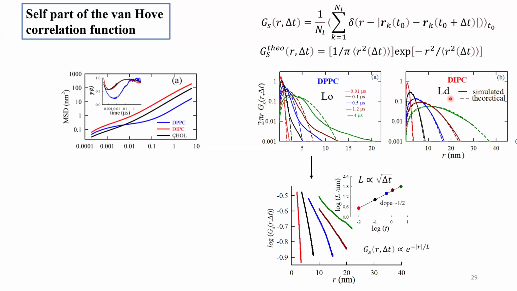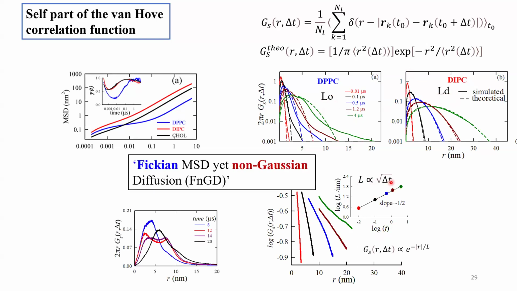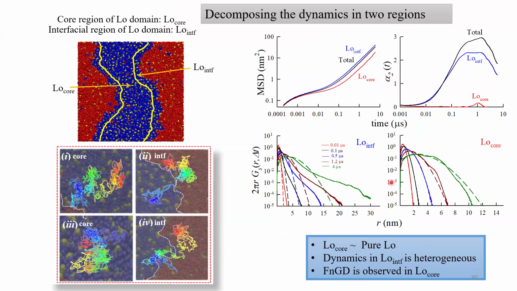And you can see here that this Van Hove correlation is basically exponential at long time. It should be Gaussian, but it is basically exponential. And this correlation length is basically proportional to delta t. Now, the question is, how will you explain it? There are already known explanations for this Fickian mean square displacement yet non-Gaussian diffusion. One is the diffusing diffusivity picture.